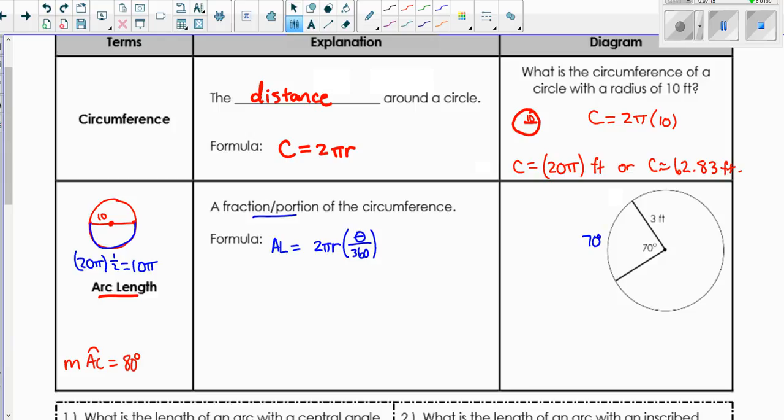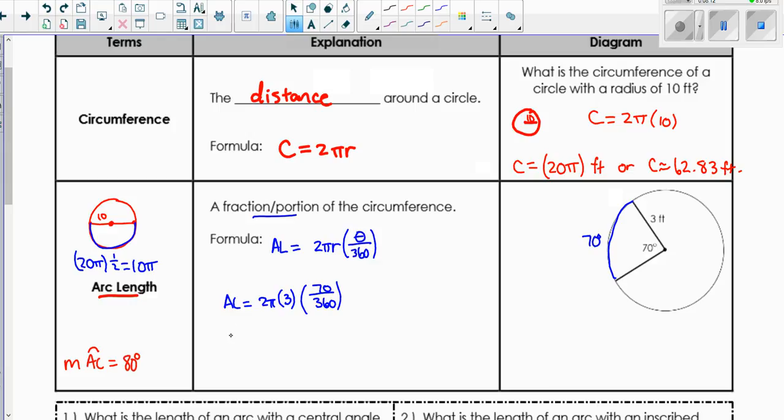So if I wanted to find the arc length of this arc, so the measure of this arc is 70 degrees, the arc length would be 2 pi times my radius of 3, and then times, I don't want 360 out of 360, I want 70 out of 360. So my fraction or portion that I want is 70 out of 360.